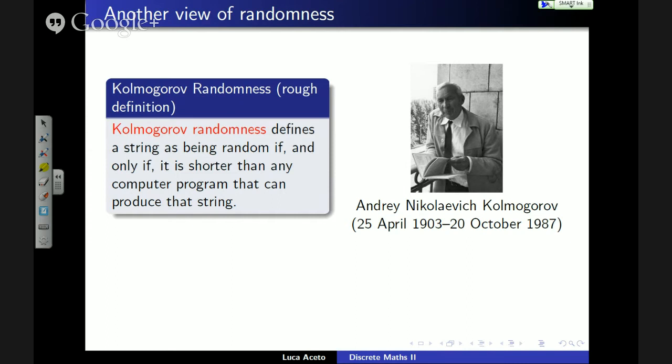A one-line program. That string is not random. Why? Because there are programs, very short programs, to generate it. Whereas Kolmogorov's definition of randomness says that the string is random if and only if it is shorter than any program that can generate it.